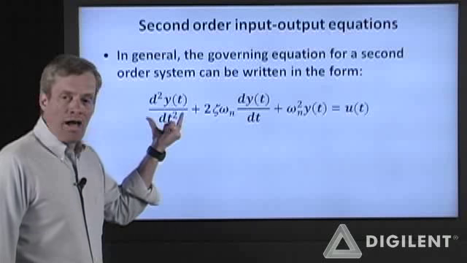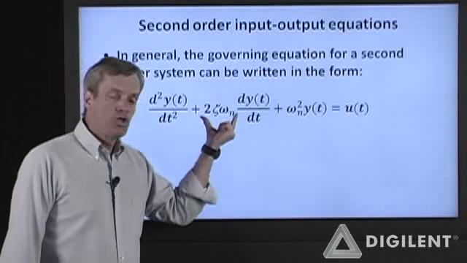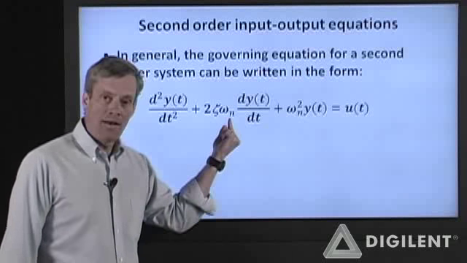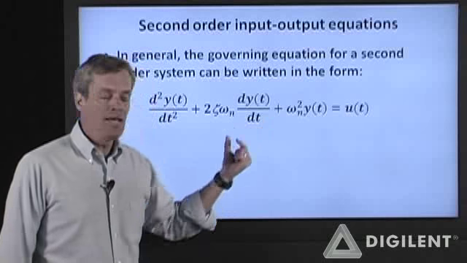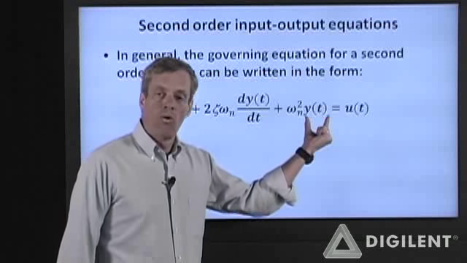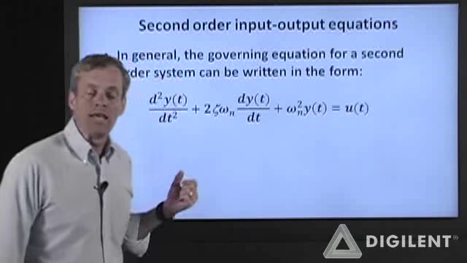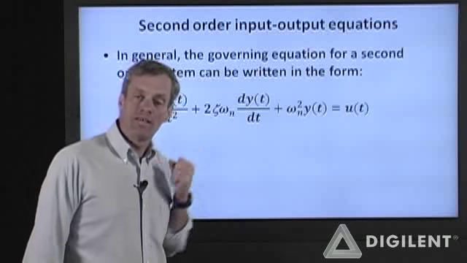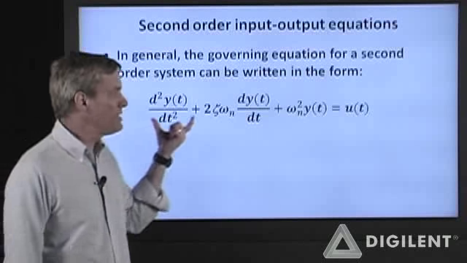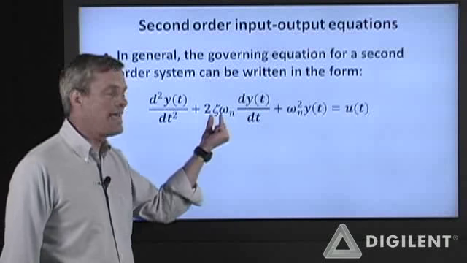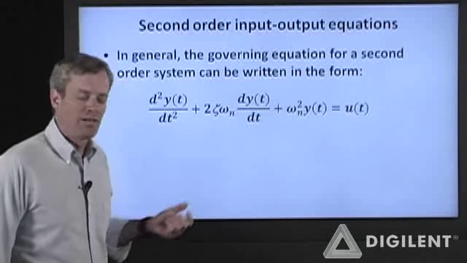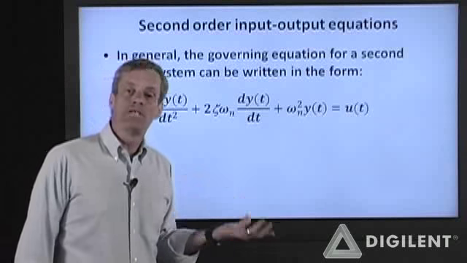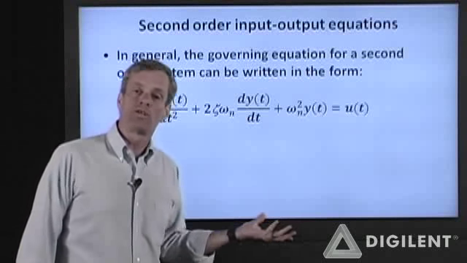So I have d squared y dt squared plus 2 times zeta omega n times dy dt plus omega n squared y is equal to u of t. Both of my previous equations can be written in this form. The reason I want to write it in this form is that zeta, which I tend to just call squiggle because it's too much work to remember the Greek letter, and omega n have physical significance in terms of the circuit's response.